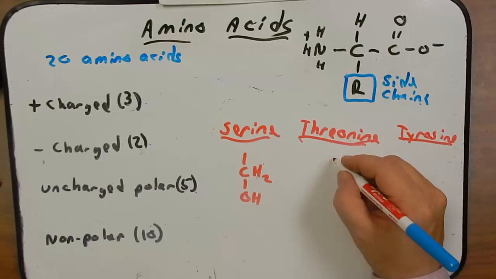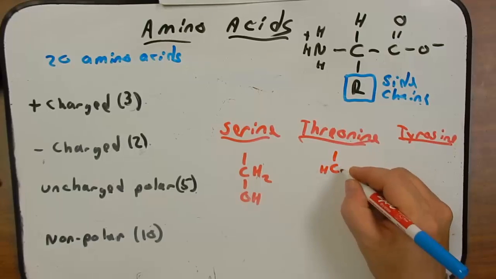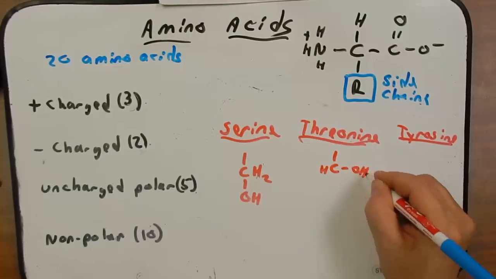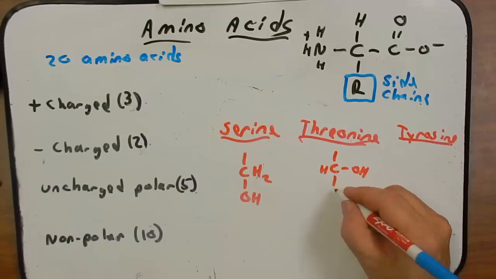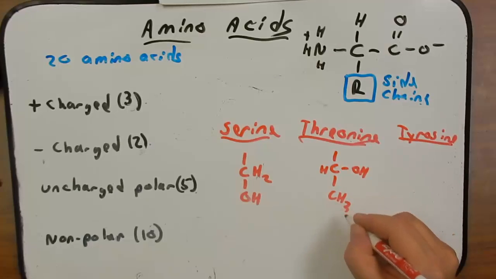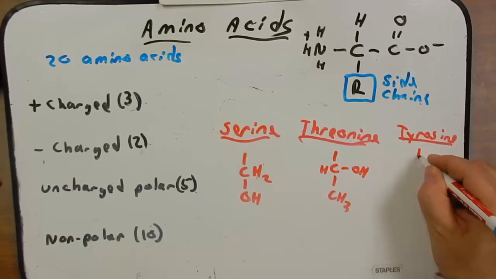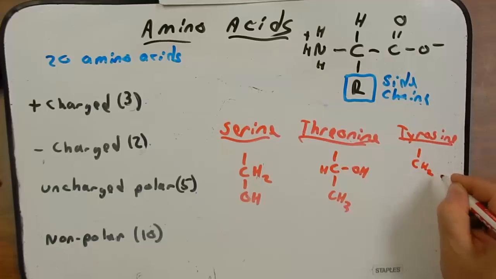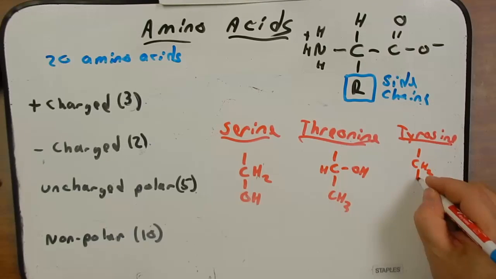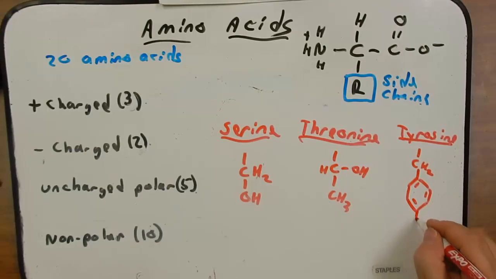Threonine is similar. It has a carbon with a hydrogen and then a hydroxyl group off of it, and then a methyl group off of the other end. Tyrosine is our first ring-structured amino acid. It has a CH2 followed by a ring and a hydroxyl group down here. These are the last of the uncharged polar amino acids.